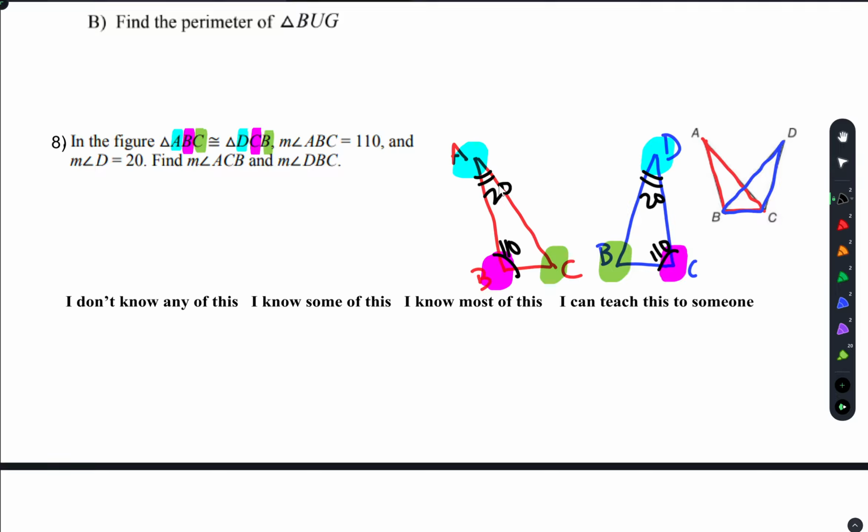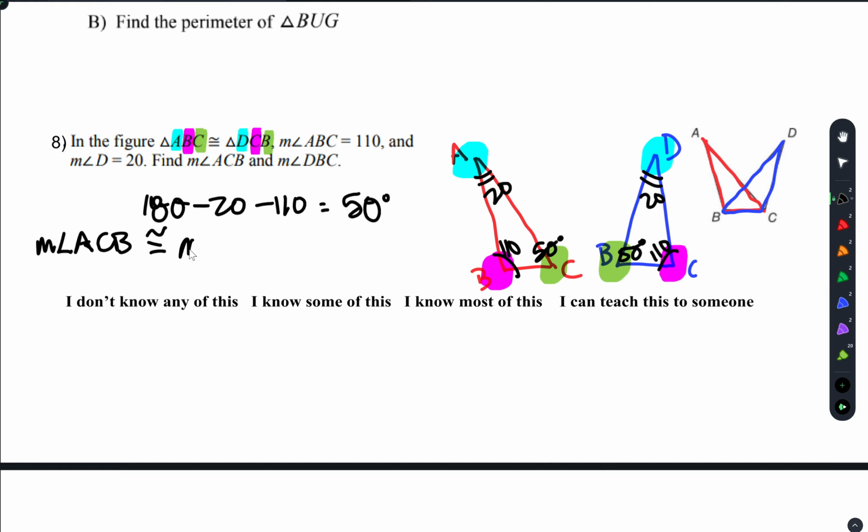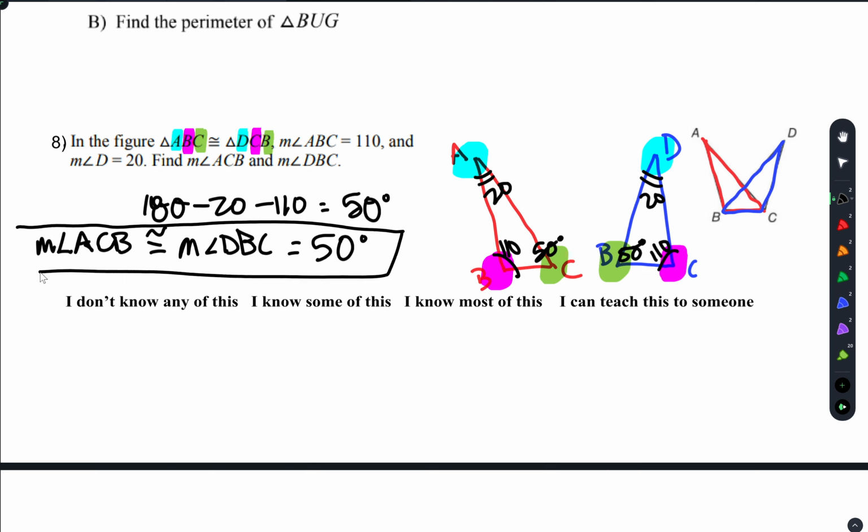All 3 have to add up to 180. So I do 180 minus 20 minus 110. That gets me 130, so 50. So this is 50 degrees. This is 50 degrees. To answer my question, the measure of angle ACB is the same as the measure of angle DBC, and they equal 50 degrees. Any questions on that?